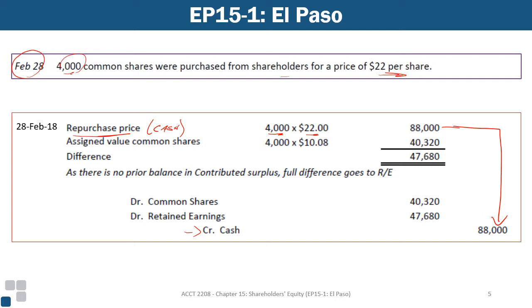Now, what we have to do is determine what the value of the common shares is, and that is basically the average book value per share. If you're wondering how this 40,328 comes about, if you go back to the original data and construct a T account for the common shares, we would have started with 2 million for 200,000 shares.